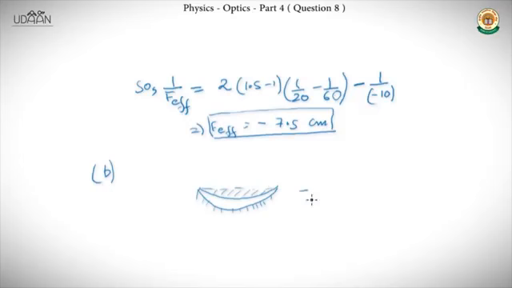So it will basically be broken into this: a planar lens, a convex or concave lens, concave or convex, sorry, and a mirror.